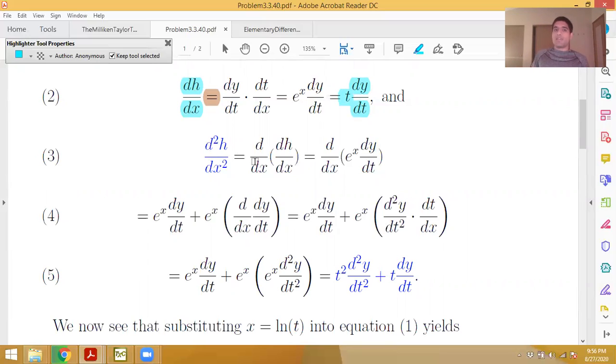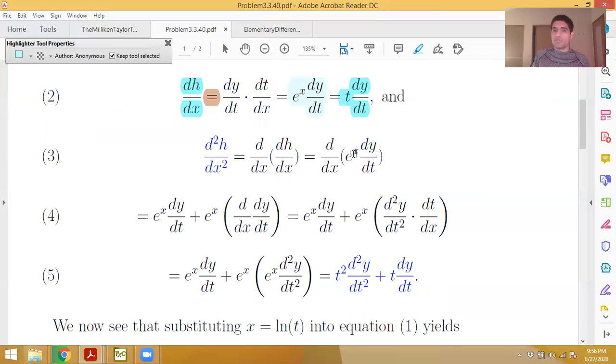First, I notice that the second x derivative of h is, by definition, the x derivative of the first x derivative of h. And then we saw earlier that the x derivative of h, one of the many ways in which we could write it, is e to the x times dy dt.